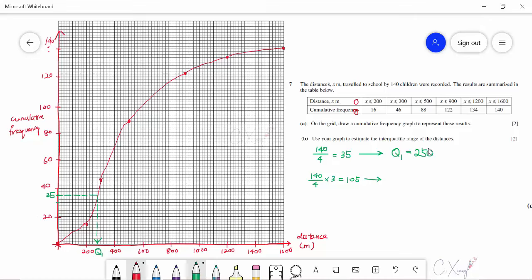Then now to get Q3, we will need to look at 105. So you try to measure and see where's the 105 here. Should be somewhere here. This is 105. And you do the same thing. You try to draw a horizontal line. My line here might not be very nice. So for your case, you try to draw it as good as possible.